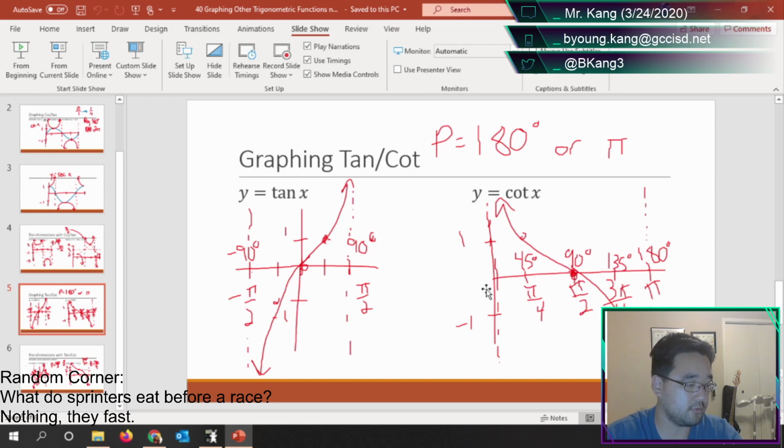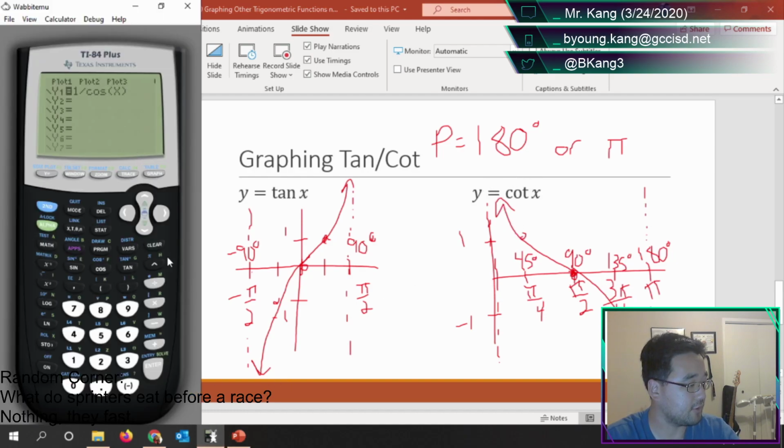Cotangent does it normal, so it starts at 0, goes out, and again it's 180, but it does start from 0, so you don't have to split anything over the origin, and it goes the opposite direction, top left to bottom right. If you ever want to double check yourself, again, you always just use this. Again, it's periodic just like sine and cosine are, so it does go forever. We're drawing this middle one right here.